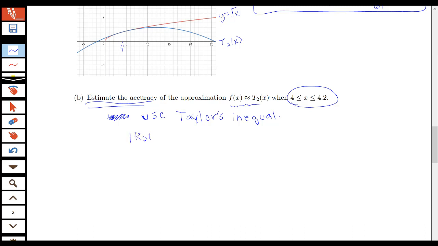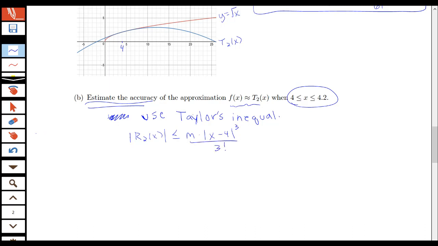So I'm using the second order Taylor polynomial, so I need a bound on R2 of x. So that would be less than or equal to some M times x minus 4 cubed, to the n plus 1 over n plus 1 factorial.